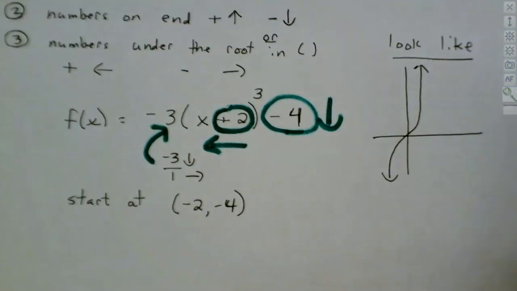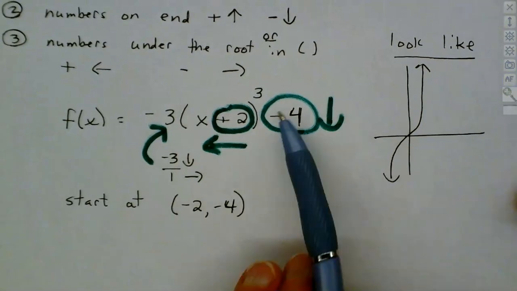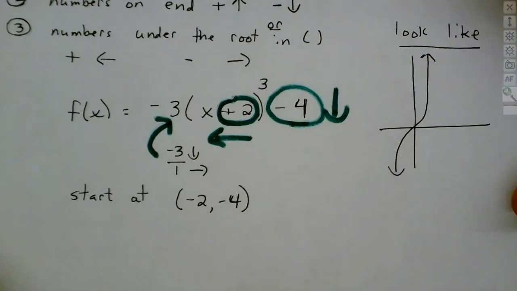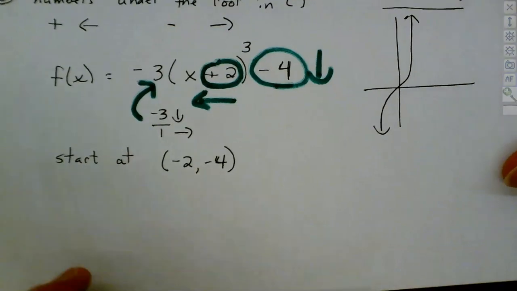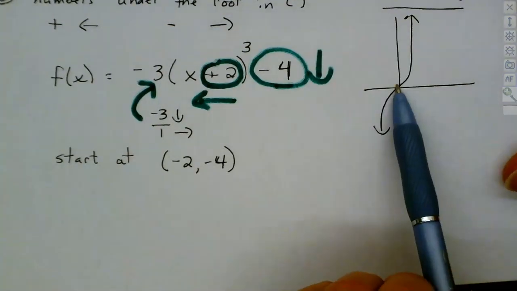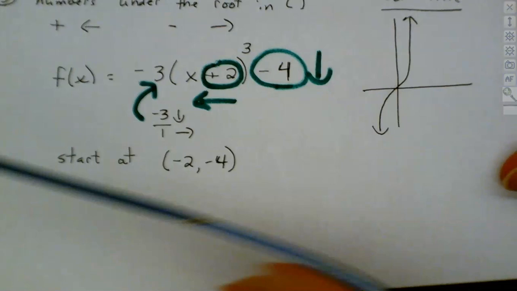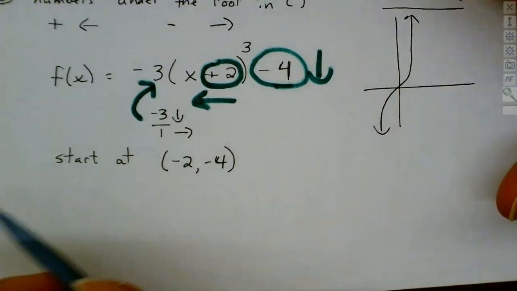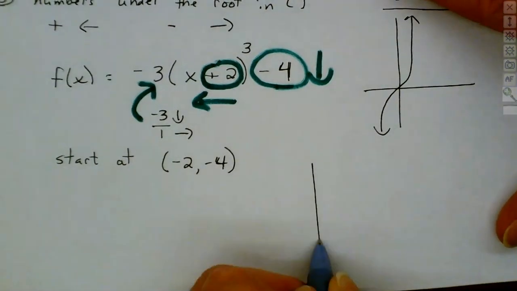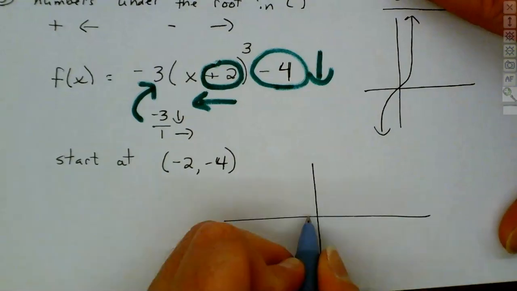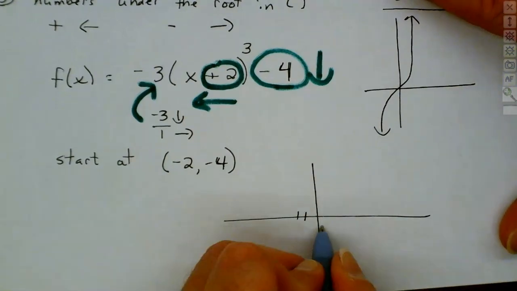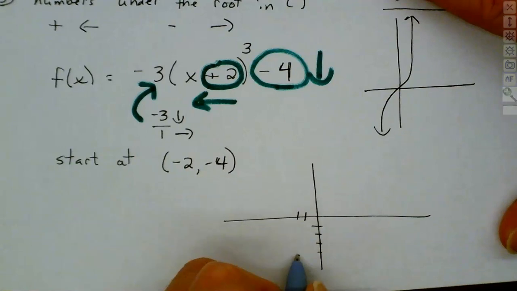Is everyone okay with that? Right? Follow the arrows. Down, back. We know that the graph needs to look like what? That. Okay. So where do we start at? -2, -4. So that is back 2 units and down 1, 2, 3, 4 units.